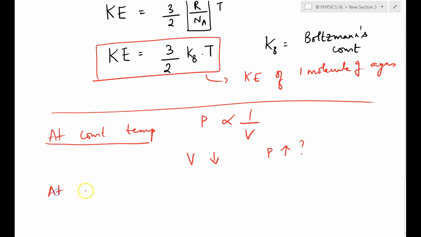Similarly, if you keep the volume constant, pressure is directly proportional to temperature. That means when the volume of the container is kept constant, as the temperature increases, the pressure also increases. Can you think of an explanation based on what we have learned so far as to why this happens?